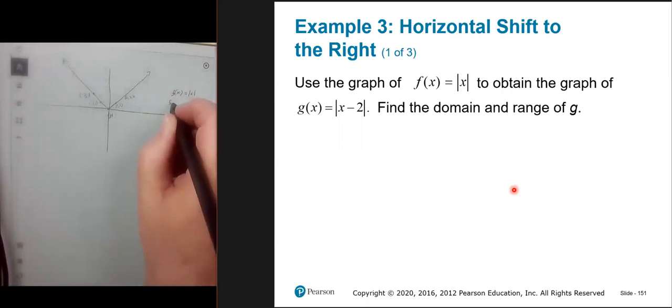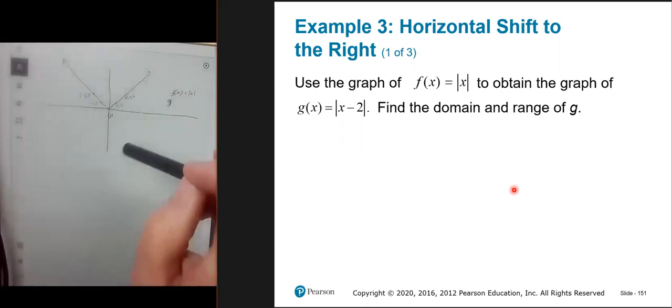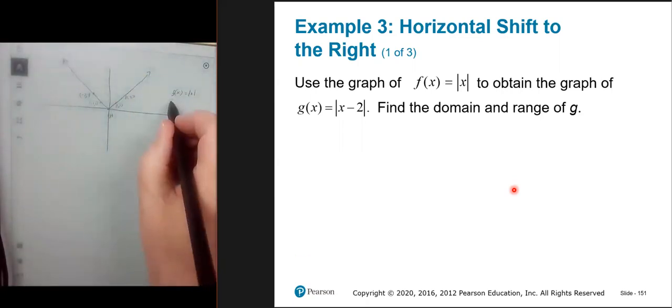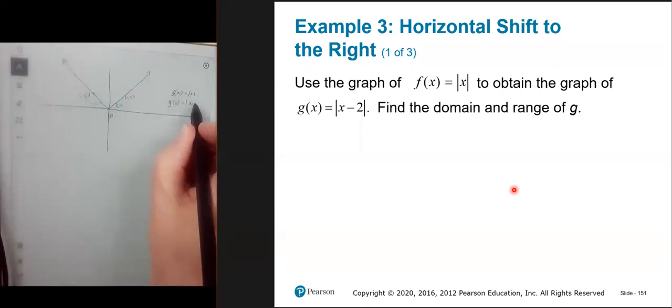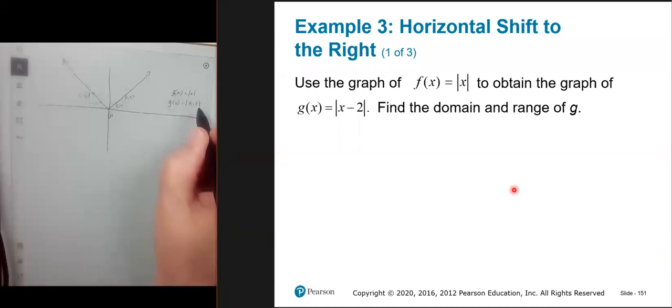Now, g of x is the absolute value of the expression x minus 2, right? x minus 2. Which means I'm changing my x values. So that means I'm changing where 0, 0 starts from.